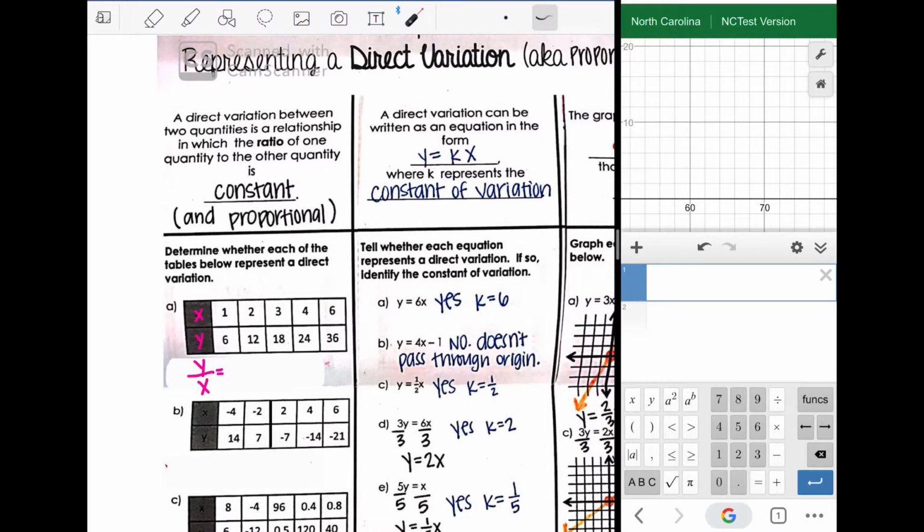So the first point that we have, 1 and 6, that's the point (1, 6), but we're going to look at the y value over the x value. So 6 over 1 is our ratio of y to x. Then we're going to look at the next one, 12 over 2, and the next one. And we're going to keep doing this for all the values in this table.